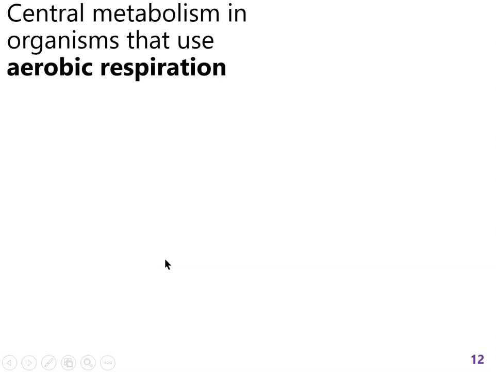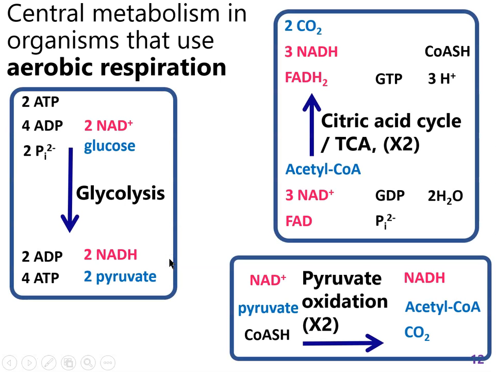So this is the central energy metabolism in any organism that's using aerobic respiration. They're going to have something similar to this with glycolysis, some kind of pyruvate oxidation, and some kind of citric acid cycle. Bacteria might use something very different from glucose to grow, and so they might have modified systems, but this is the general idea.